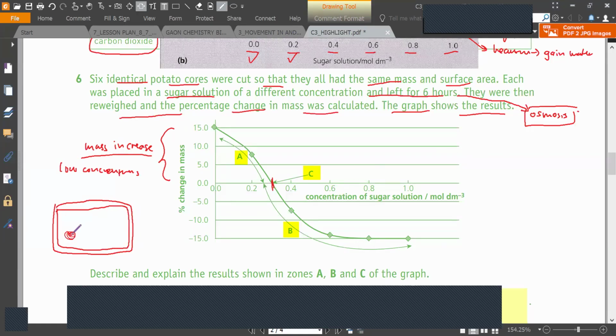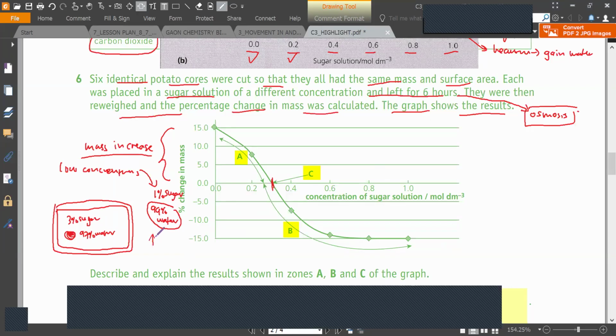Let's say outside is 1% sugar and 99% water. Inside it may be 3% sugar, 97% water. So we can see outside is 99% water.